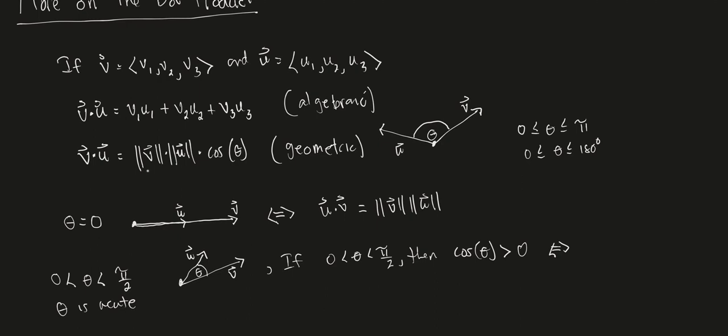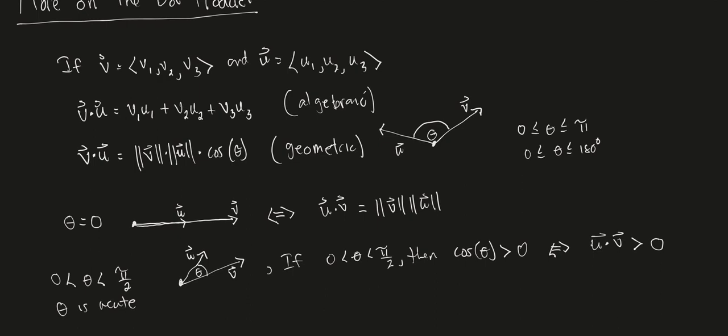The magnitudes are definitely positive because the magnitudes are represented by lengths, right? And these are two non-zero vectors, right? So this is a positive quantity, this is a positive quantity, and if we multiply it by the cosine of theta, which is now also a positive quantity, what it means is the dot product would have to be greater than 0.